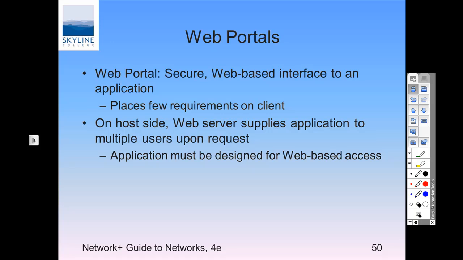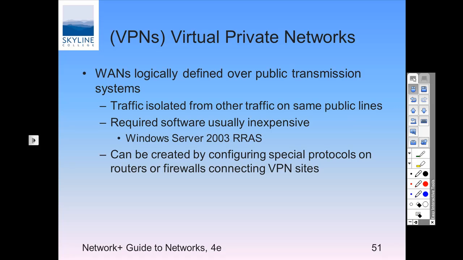Simplifies data sharing and databases, shared databases, stuff like that. Web portals, web-based interface and application. It's just using a different protocol to access something, to run different ones. VPNs, virtual private networks. Traffic's isolated from other traffic.